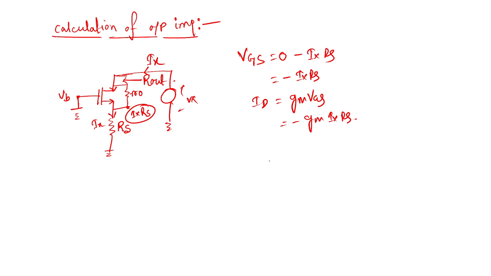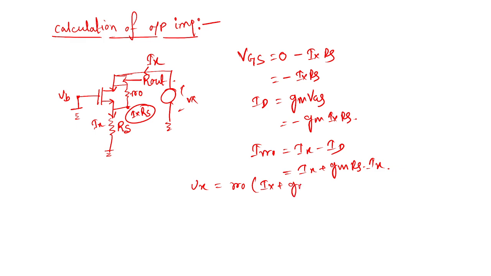The amount of current flowing through R0, which is IR0, becomes Ix minus ID, which becomes Ix plus gm Rs times Ix. Now if you write the KVL, Vx equals R0 times (Ix plus gm Rs Ix) plus Ix Rs.